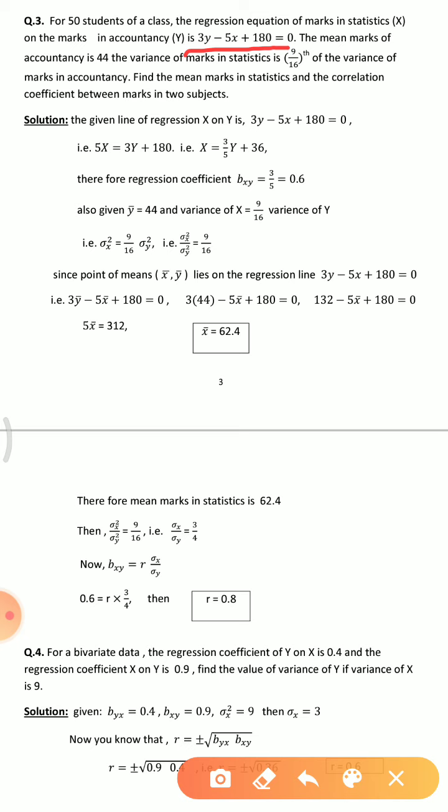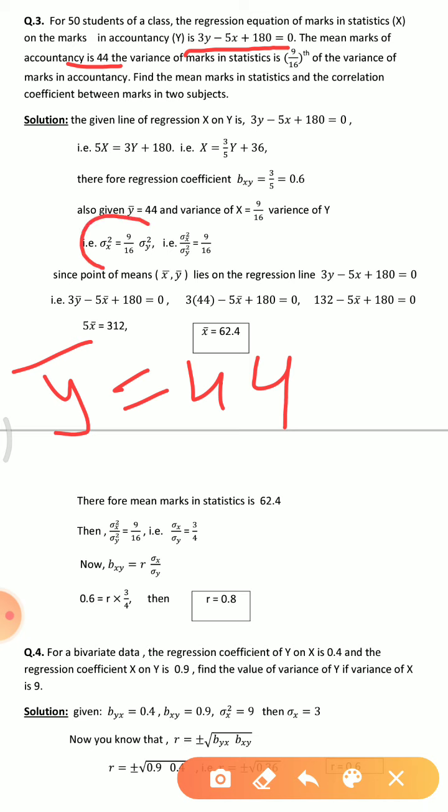The mean marks of accountancy is equal to 44, that means given y bar is equal to 44. And the variance of marks in statistics is 9 by 16 of the variance of marks in accountancy, that is, sigma square x is equal to 9 by 16 sigma square y.